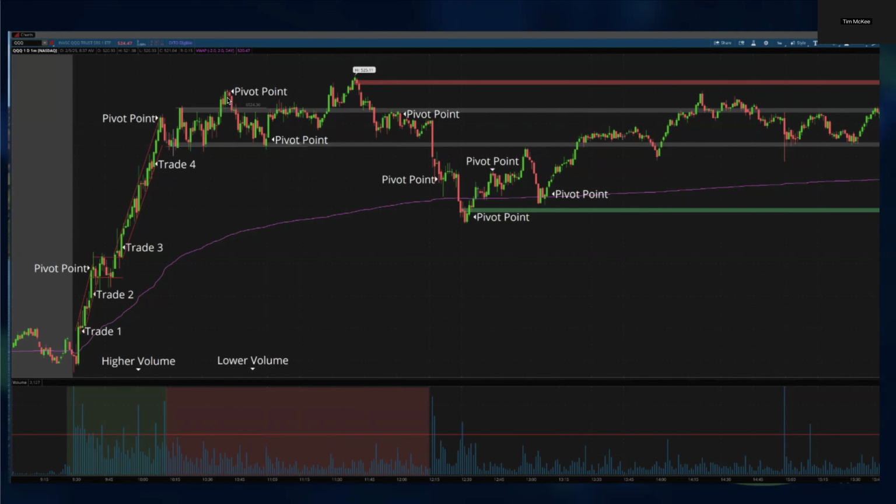We did have a little breakout there above our line, but it was a false breakout. Pivot point showed a reversal. Another pivot point shows us breaking out, and on and on. There's another pivot point up here at the high, another pivot point there. And you can follow these pivot points and see how they work with volume and how they are showing reversals or congestion.